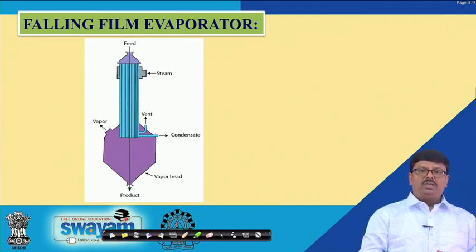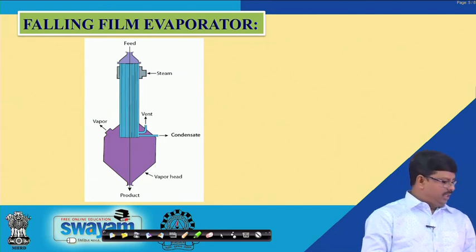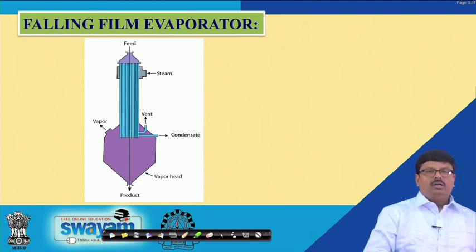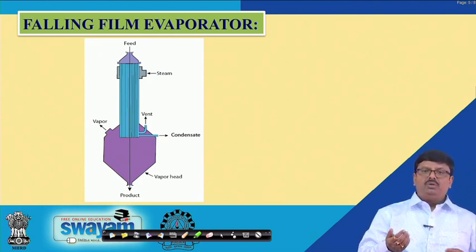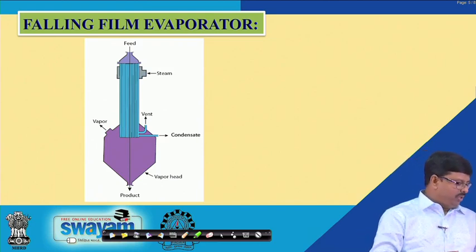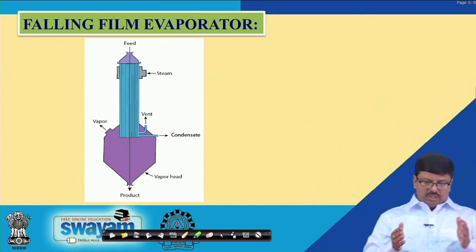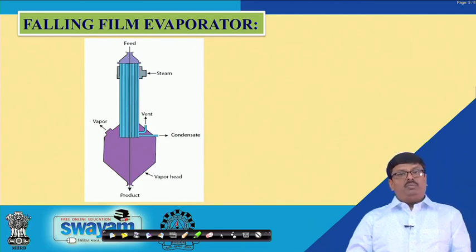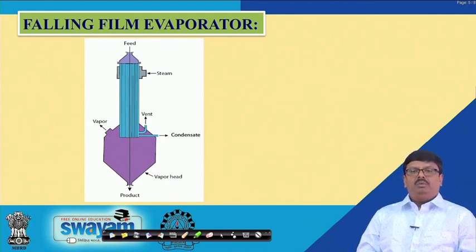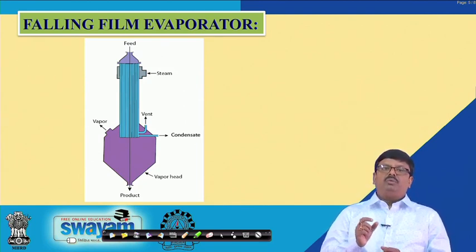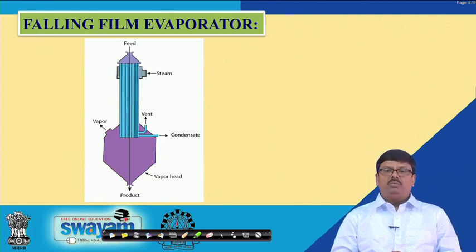So, for concentrating fruit juice the falling film evaporator is used, and one pump is generally used for the recirculation of the liquid in this evaporation unit. And one more very important application, which we chemical engineers must remember, is that the falling film evaporator is one of the problem solvers of fouling, or scale deposition, or dirt deposition, or dirt accumulation.